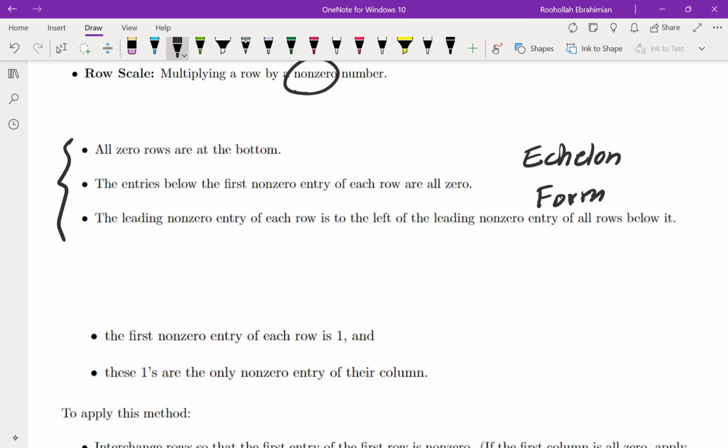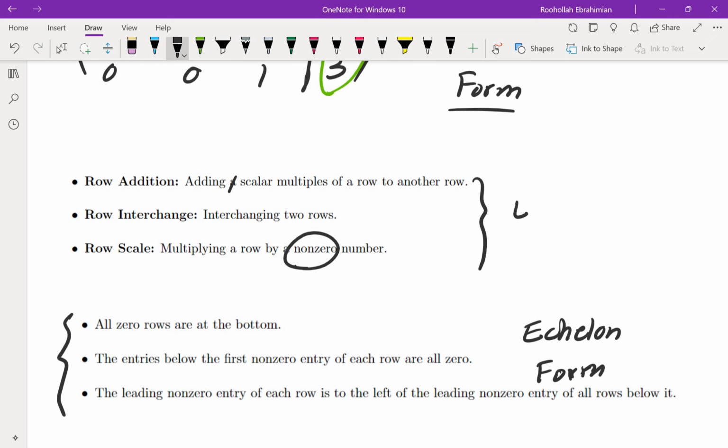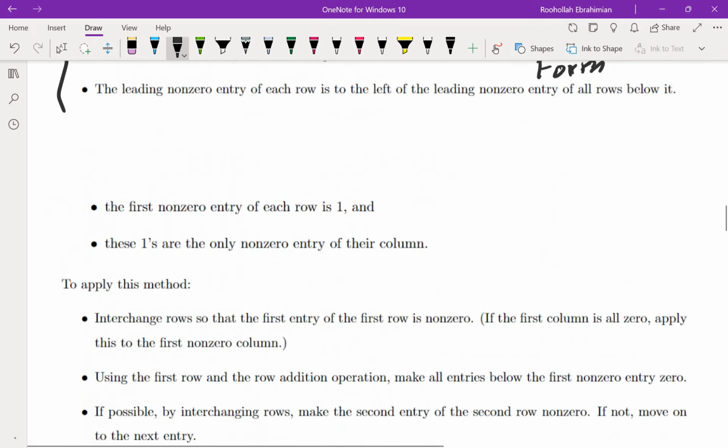Now these are called elementary row operations. These 3 are called elementary row operations. With these 3 row operations, we can in fact turn every matrix into an echelon form.